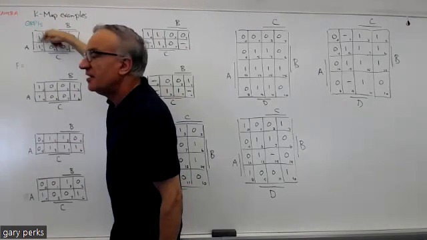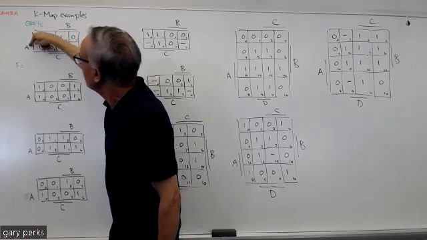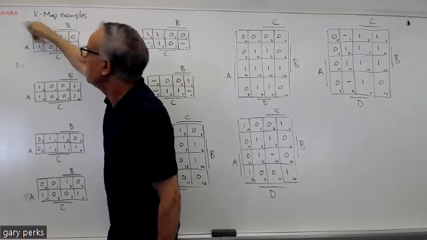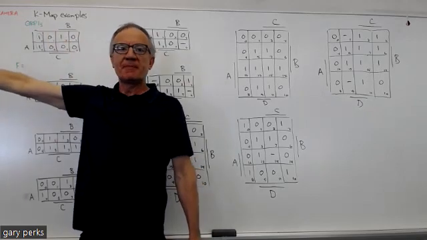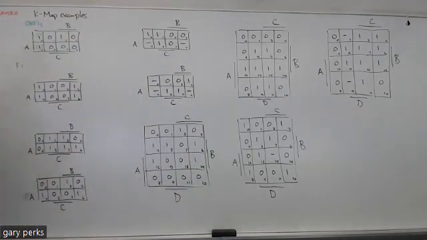Because for these 2 in this group, A changes, because this is in the A row, and this is in the not A. So you see, A is not part of the term. So the term that comes from this grouping is not B, not C. And the way I got that, this is the not B column, and this is the not C column. And that's what's common to that grouping.